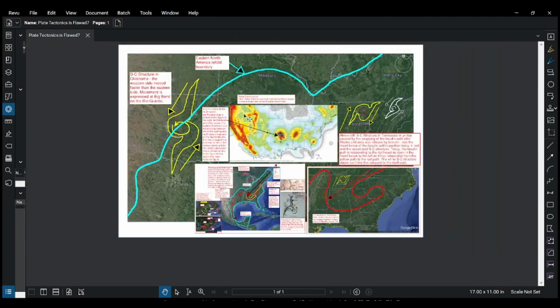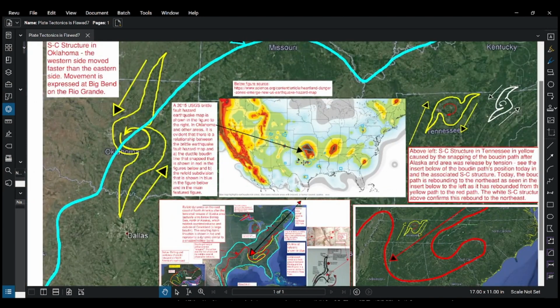All right, so published geologic literature. This SC structure is an active area. These are fault hazard maps, where the red areas are the hot zones. So that structure right here in Oklahoma is right here. This is basically the New Madrid fault area, which I'm showing here in blue above.